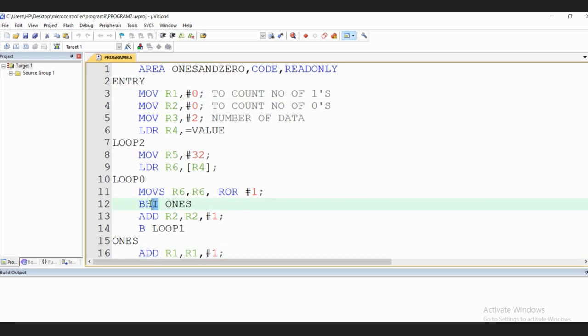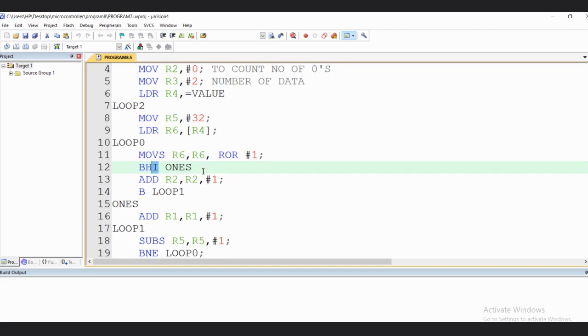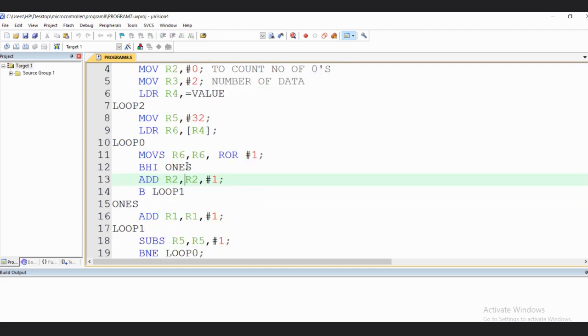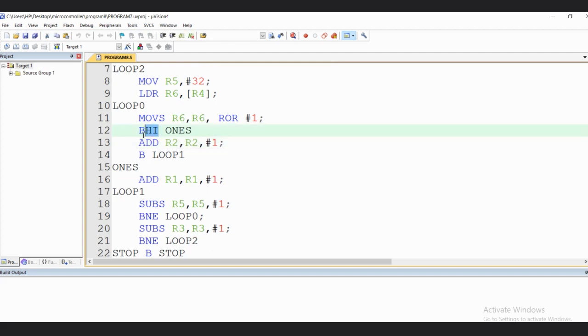If it is not high, that means the carry flag is equal to 0, then our zero counter, the register used to count zeros, will be incremented by 1. After this condition is checked, either the zero counter or the one counter is incremented depending upon this condition. After that, R5 will be decremented by 1.